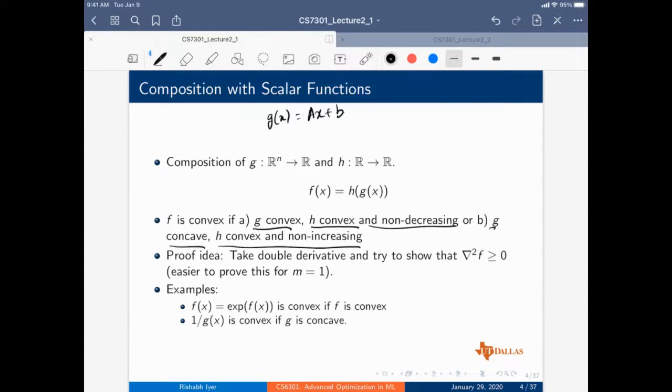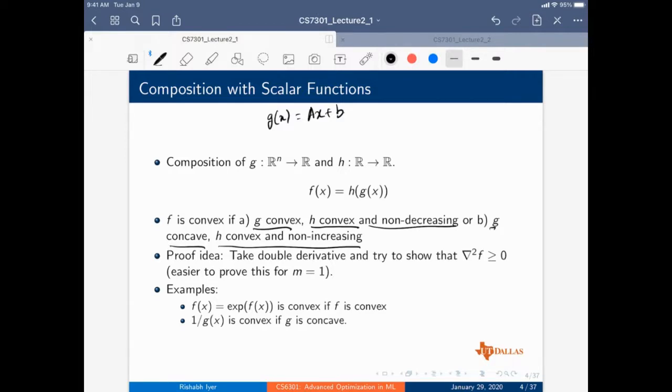But for more specific cases, we require h itself to be either convex and non-decreasing, or convex and non-increasing if g is concave. Okay. A simple way to show this is actually to take a double derivative.